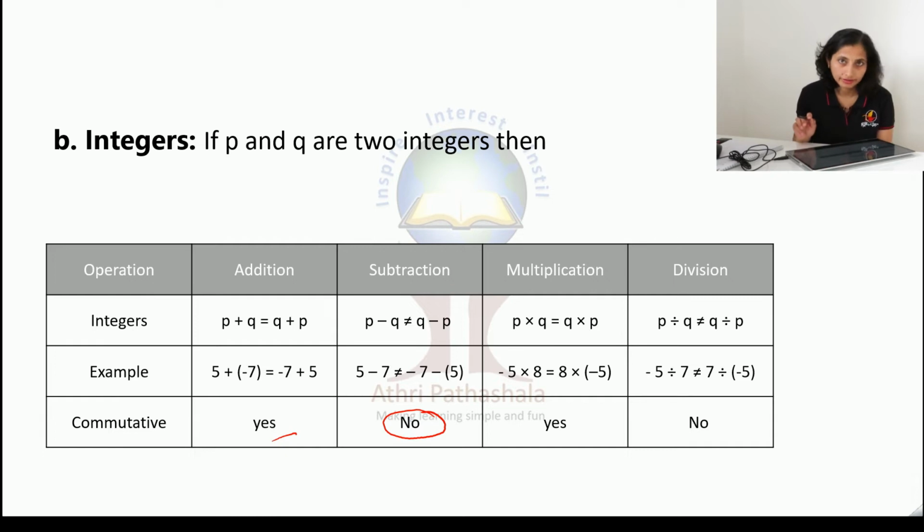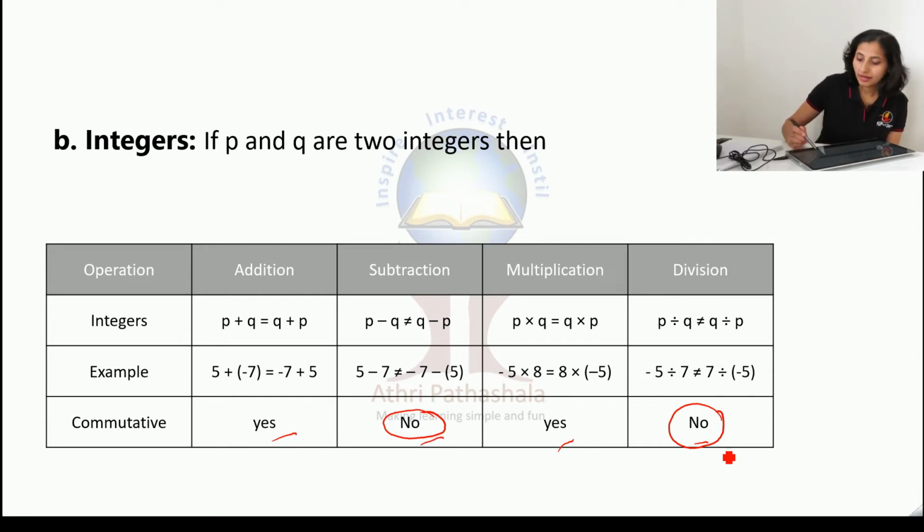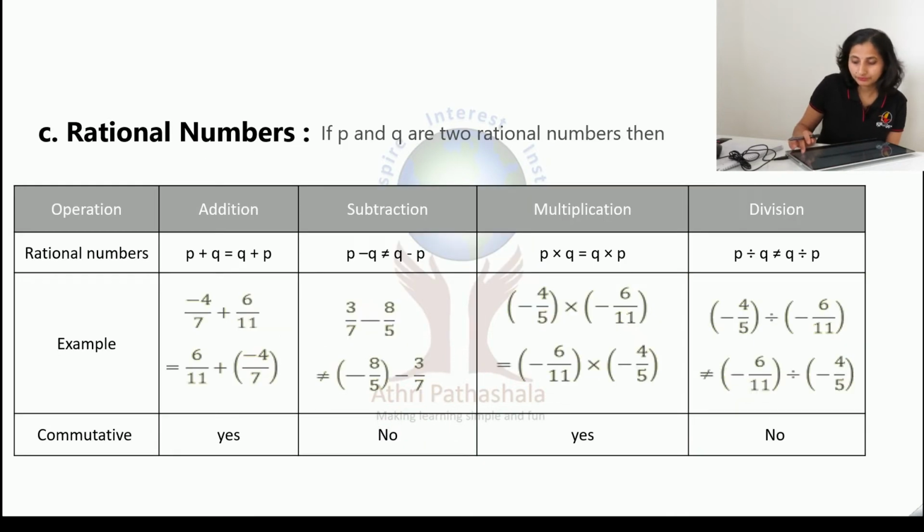So for integers, the commutative property does not hold under subtraction. For multiplication, yes, it is commutative, and for division it is not commutative.